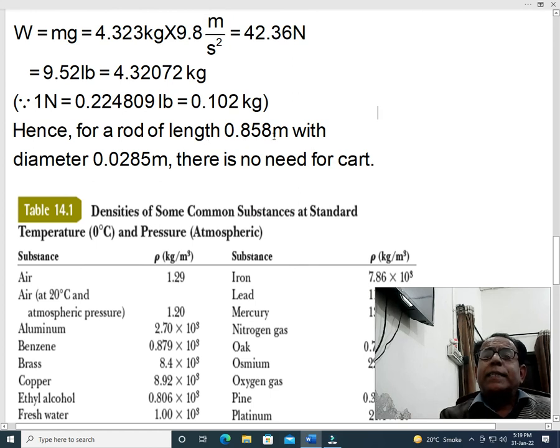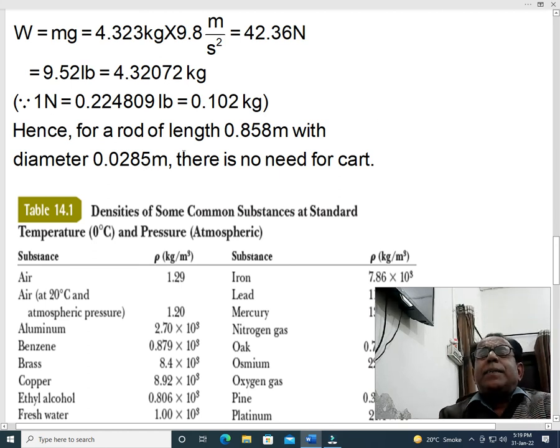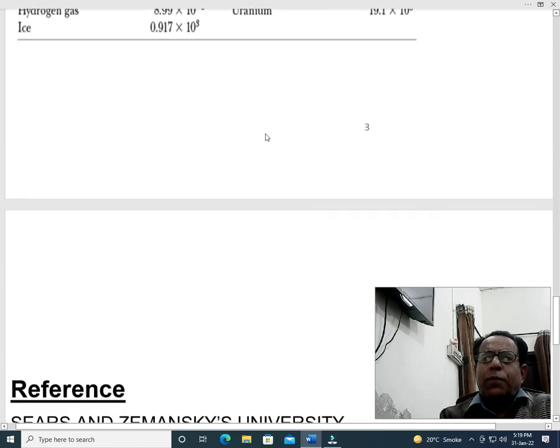This is not a full meter, this is 0.858 meter, less than 1 meter. And this diameter, even if we take it in centimeter, will be 2.85 centimeter, that is, less than 3 centimeter. So the size is quite small, so no need for a cord, and our problem is solved.